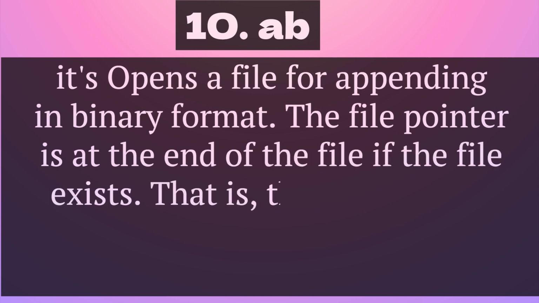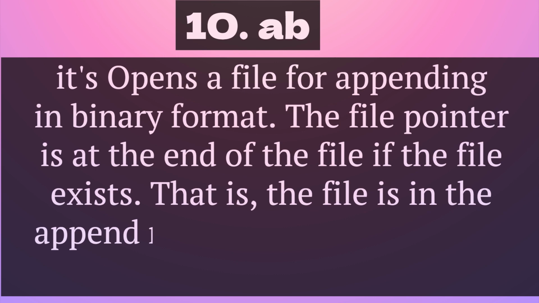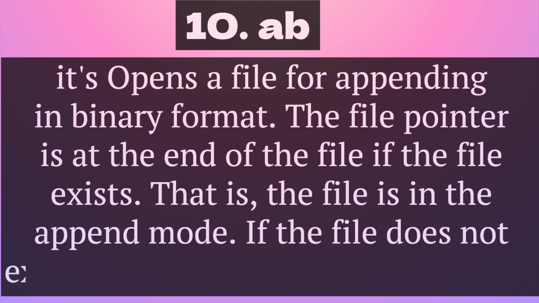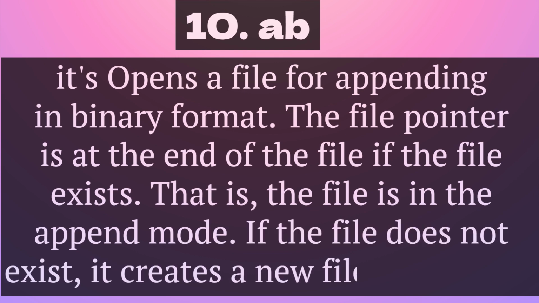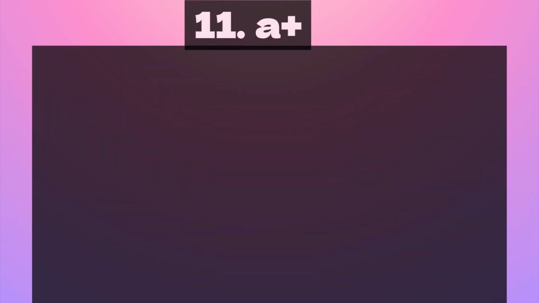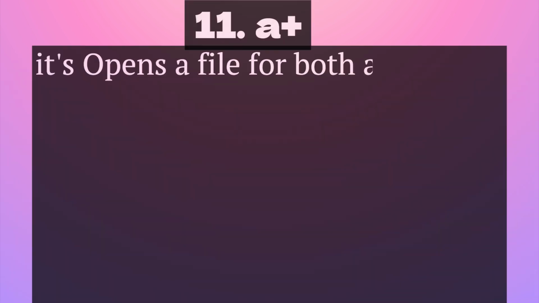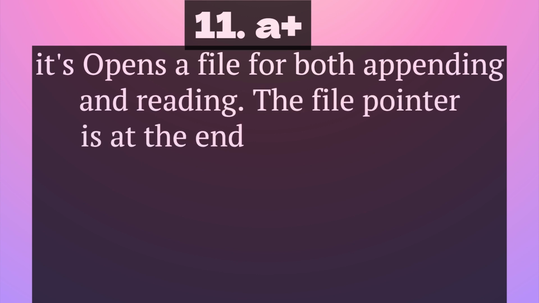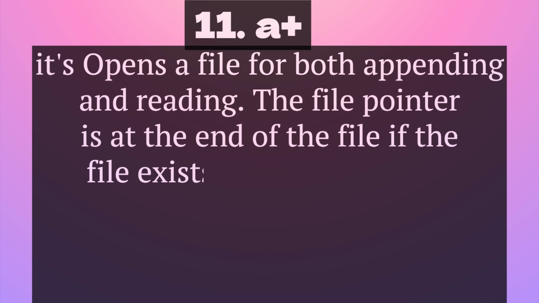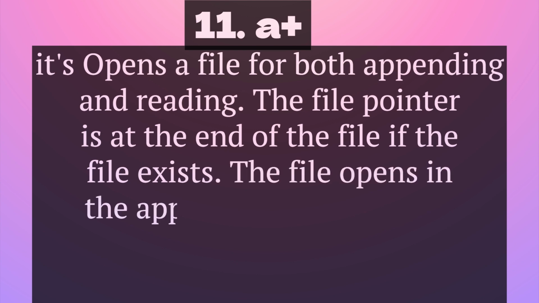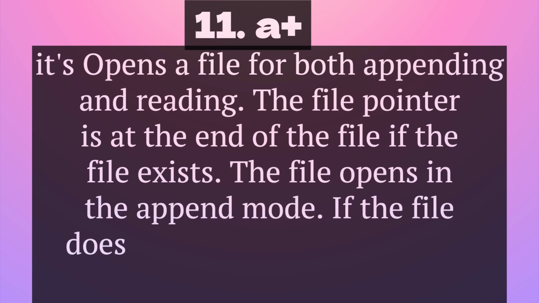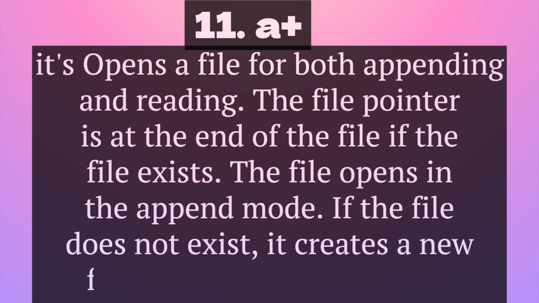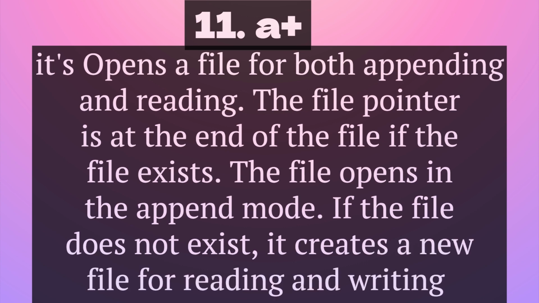That is, the file is in the append mode. If the file does not exist, it creates a new file for writing. 11. a+. It opens a file for both appending and reading. The file pointer is at the end of the file if the file exists. The file opens in the append mode. If the file does not exist, it creates a new file for reading and writing.